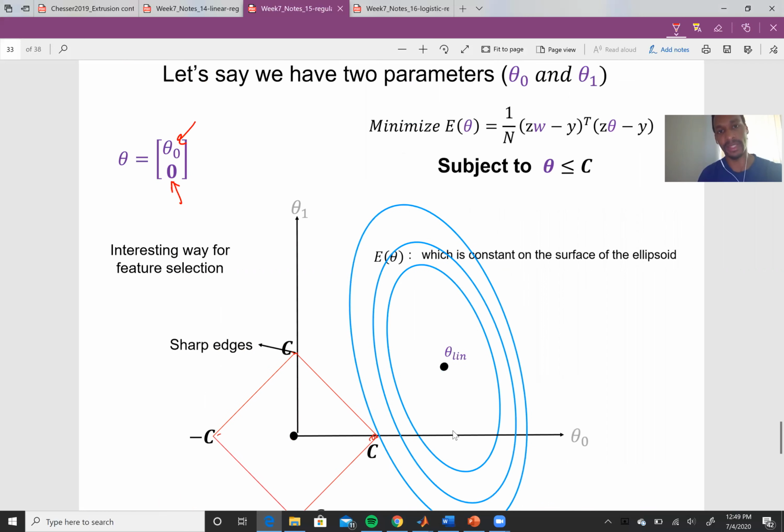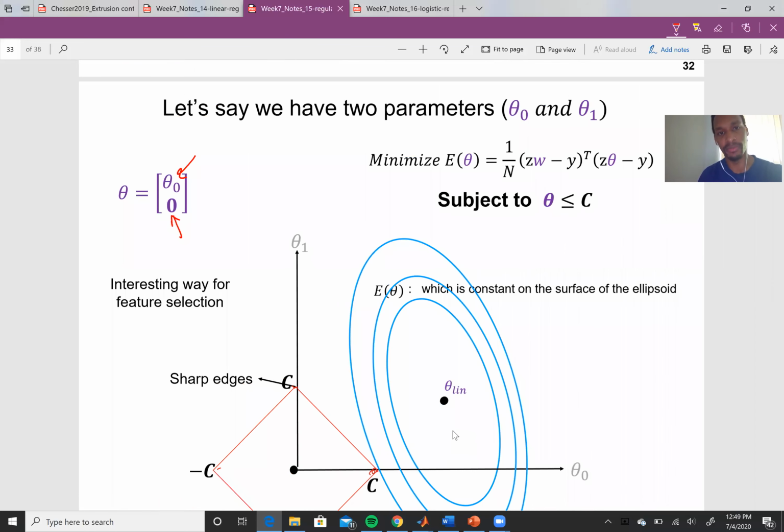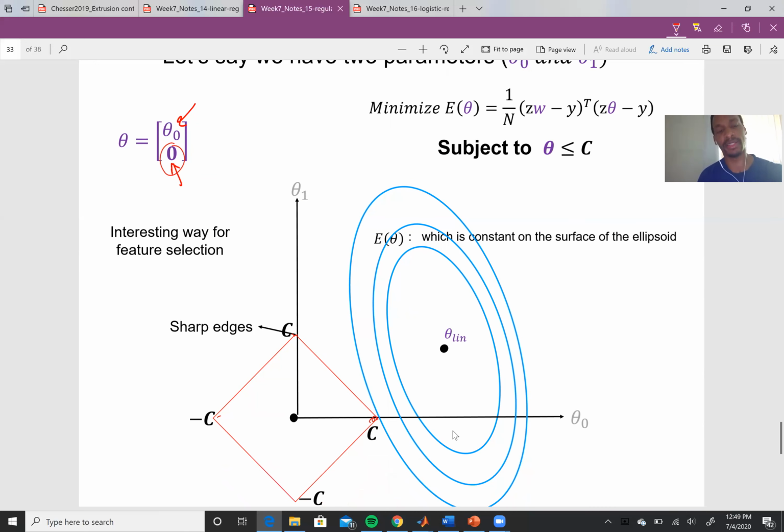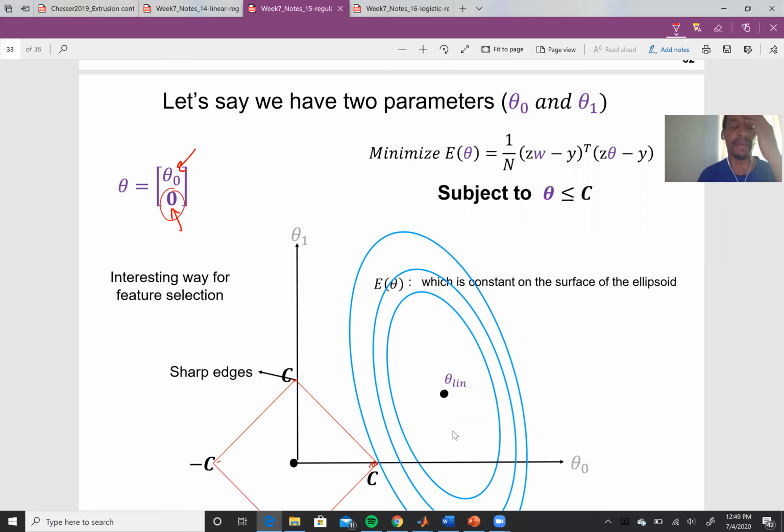And what this enables you to do is to set one of the parameters equal to 0 and solve for all the other parameters. This is an interesting way to select the features that you want to look at in your regression function.